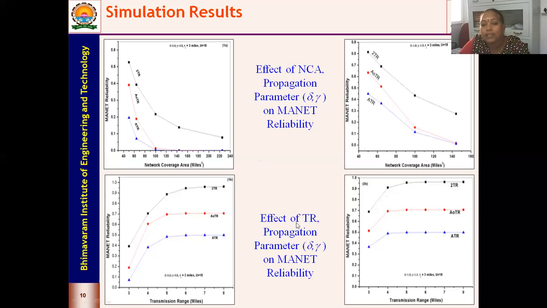And next, with respect to transmission range, you can see that here we have taken delta is 0.6 and gamma is 0.8, Rj is equal to 3 miles and U is equal to 18. So when the node transmission range is smaller, you see the reliability is small, and at larger transmission range, you see the reliability is high. What does it mean?